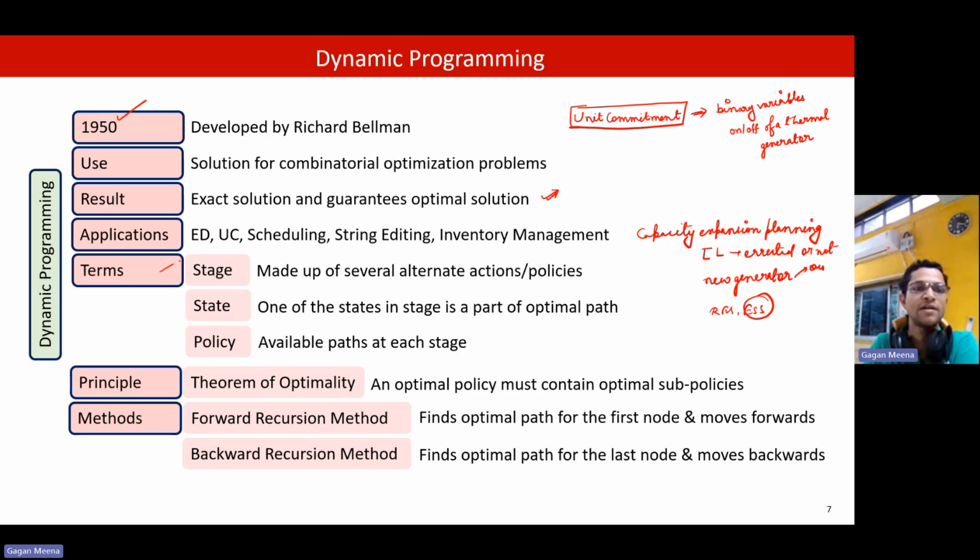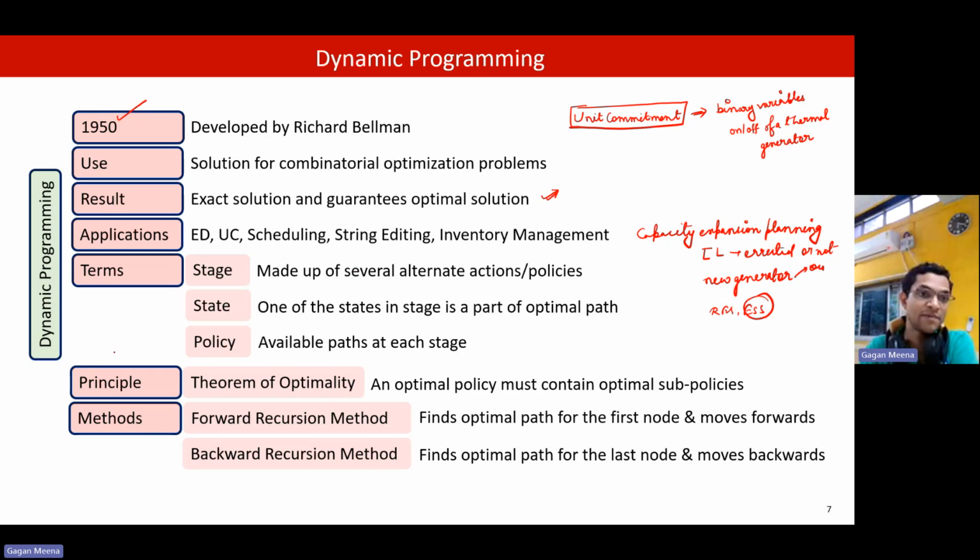We have three important terms in dynamic programming. One is stage, then state and policy. For each stage, we have different states, and one of them is part of the optimal path. Policy is the different path available at each stage, different alternative actions we'll see.